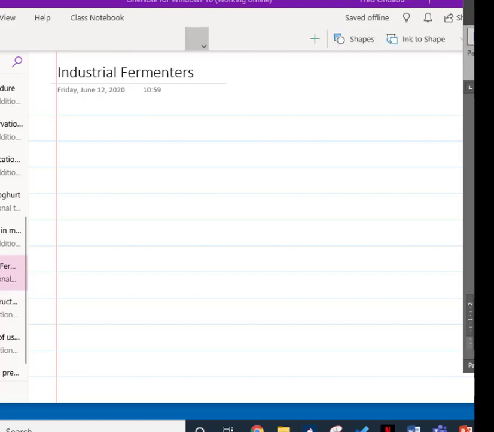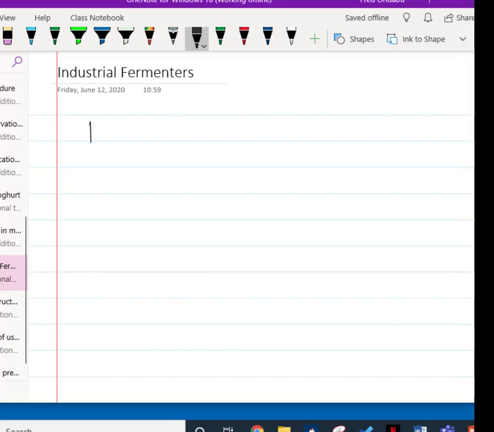Okay, today I want us to look at industrial fermenters. This is the section where we look at how industrial fermenters can be used in fermentation. The term fermenter comes from the word ferment and the term fermentation.